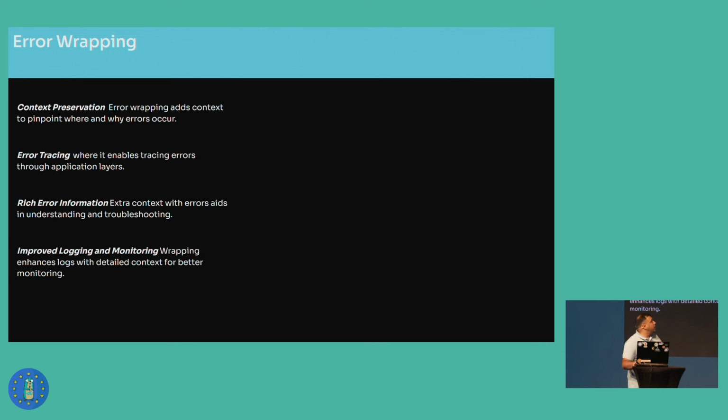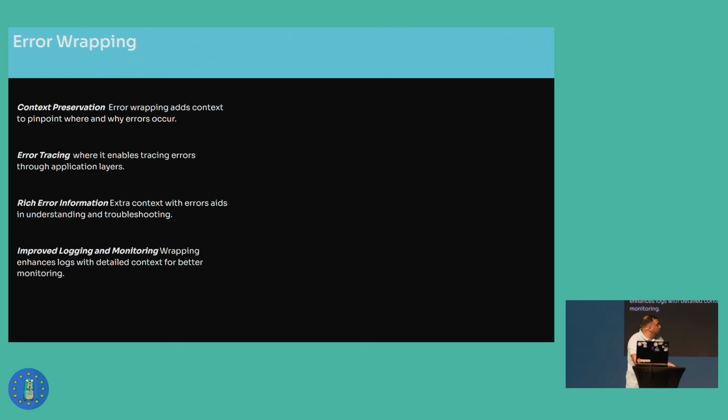We can have error wrapping. We can add more context to errors, which is very useful as additional information when we log errors. We have error tracing also when we wrap errors.